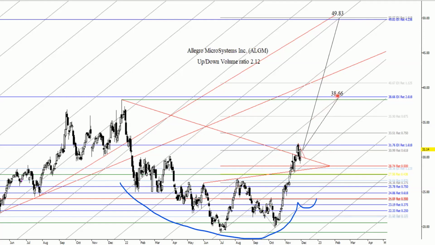And those also work for me as crossing. Where you see those Andrews Pitchfork trend lines crossing my Fibonacci expansion numbers, those will also trigger significant areas where I'm going to highlight that price may have a little bit of resistance getting up to those areas. So 38.66 and 49.83 are key numbers that I'm going to be watching as this thing goes. But again, the whole idea here is let's get above 31.76 right now and see where we go from there, okay?